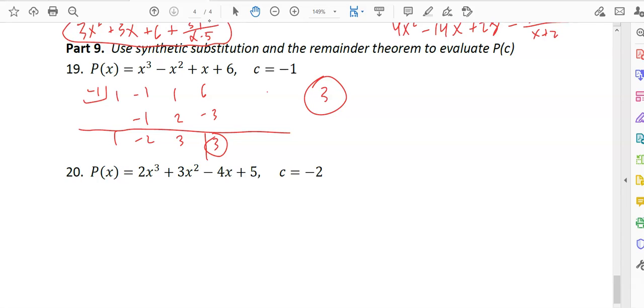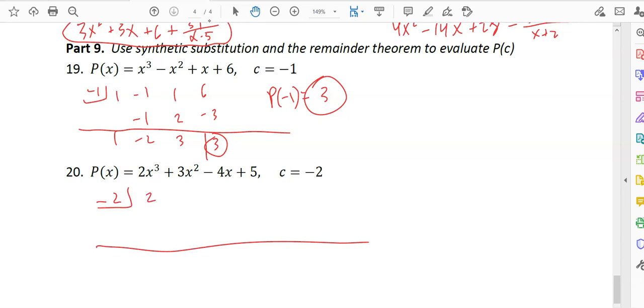In other words, p of negative 1 is equal to 3. If I plugged in negative 1, I get negative 1 minus 1, which is negative 2, minus 1, I'm trying to do this in my head, is negative 3, plus 6 is 3. We get the same answer. Plug it in the old-fashioned way, but it's so much fun doing this synthetic substitution.